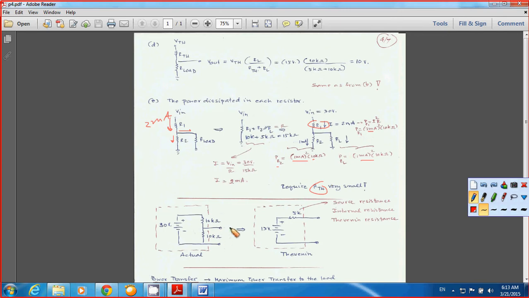If you apply a Thevenin equivalent circuit, it ends up here: your 30 volts becomes 15 volts, which is our VTH. And for R, you end up with RTH becoming 5k. This is the Thevenin circuit. Sometimes we call the 5k the source resistance, or internal resistance, or even Thevenin resistance.